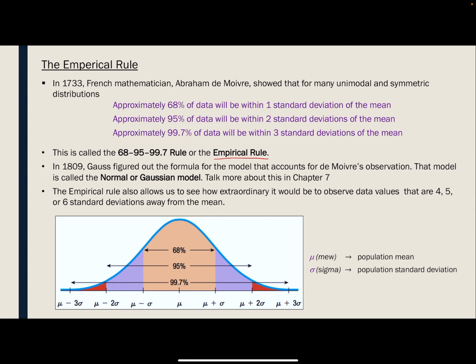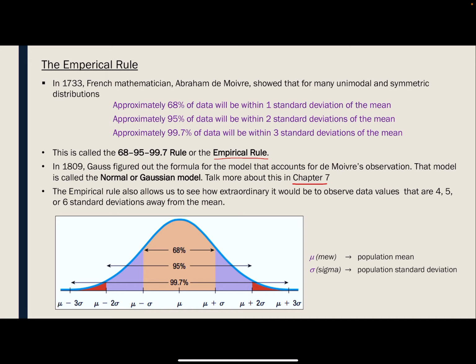Now, about 75 years later, another very famous mathematician named Gauss figured out the formula that then models this observation, and that model is called the normal model, and we will talk about that in Chapter 7 a whole bunch.